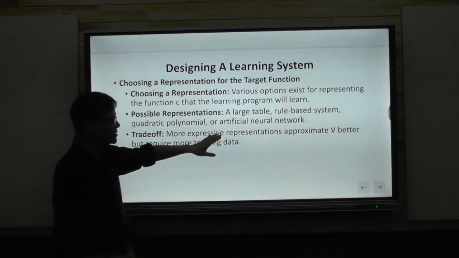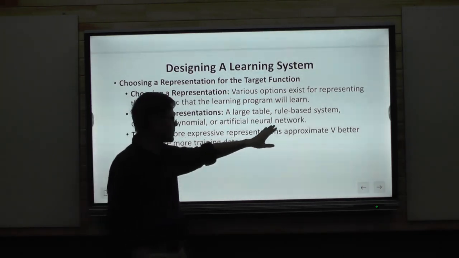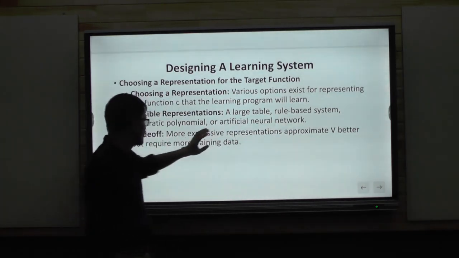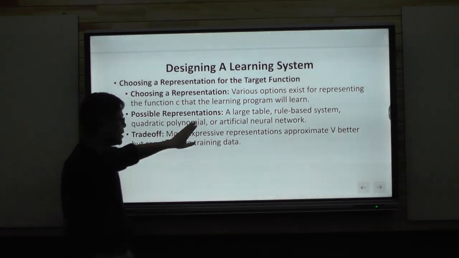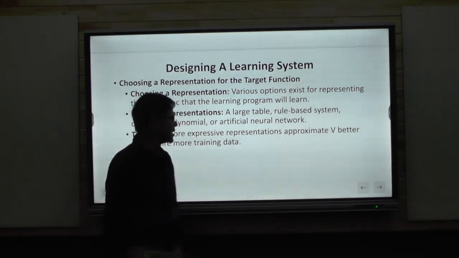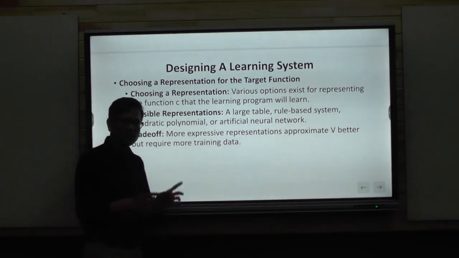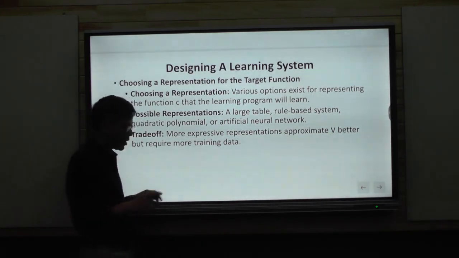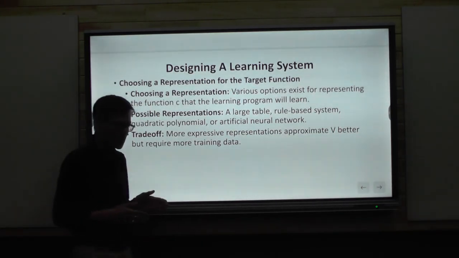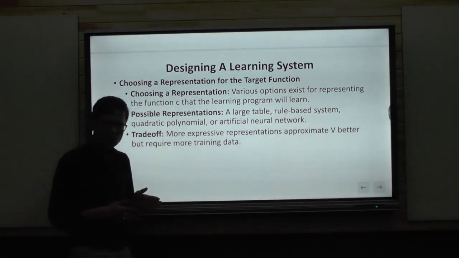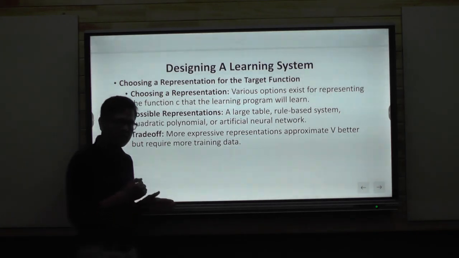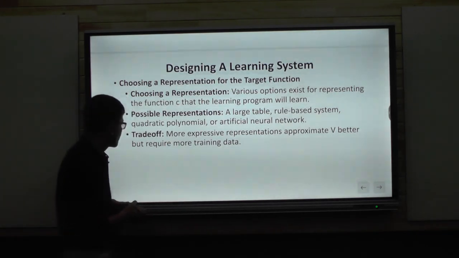Possible representations: a large table, a rule-based system, a quadratic polynomial, or an artificial neural network. So we can make a target table, or have some rule-based system, or apply an ANN, or choose any polynomial function to represent our target function.